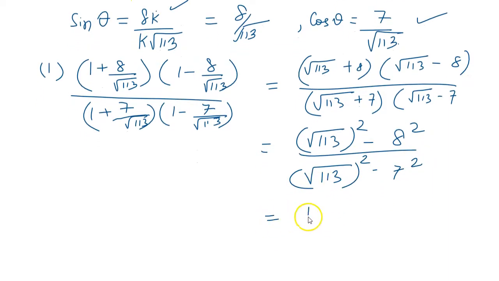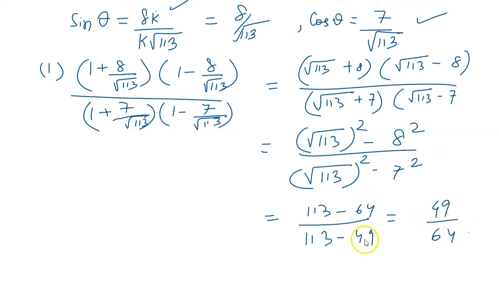So that will be 113 minus 64 by 113 minus 49, and that will be 49 by 64, right? So this will be our answer.